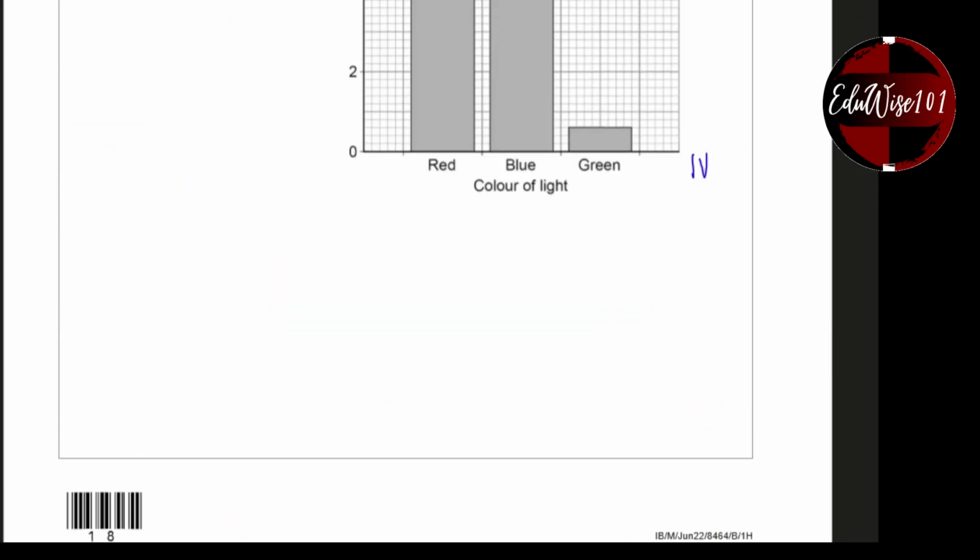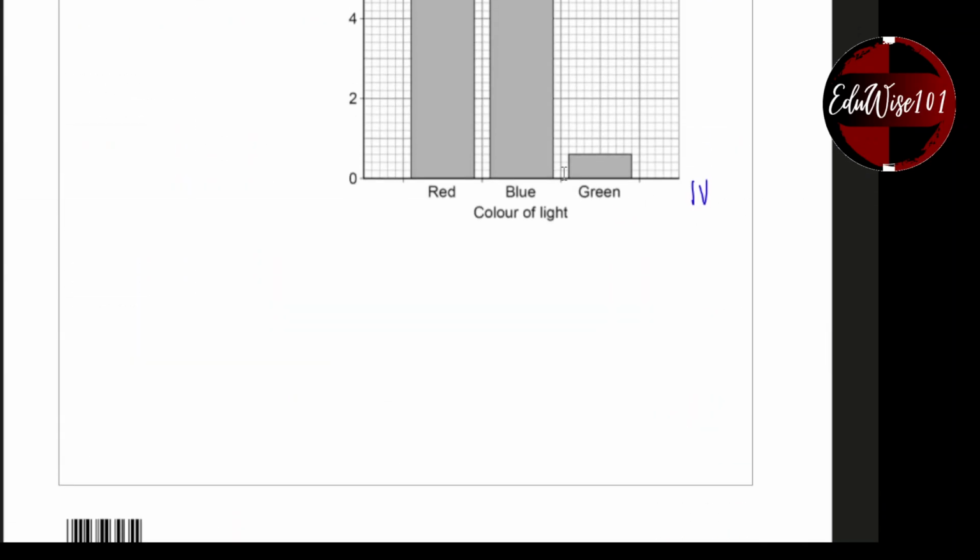Now, if you can see using the bar graph, the one for green light is the lowest, and that's 2. That means that's 1 over there, which makes this 6. So the arbitrary units for green light is 6.